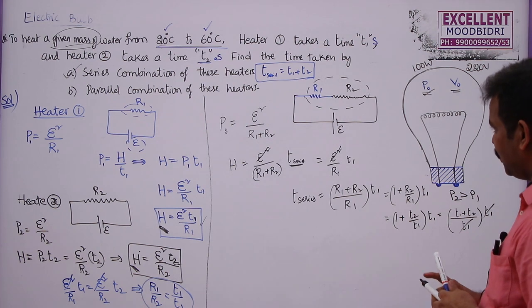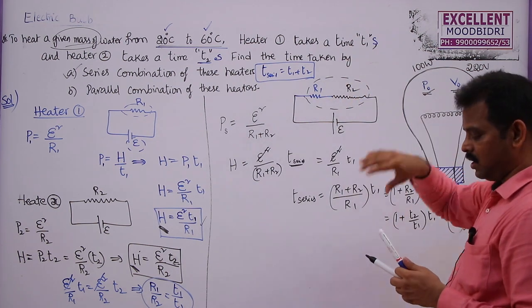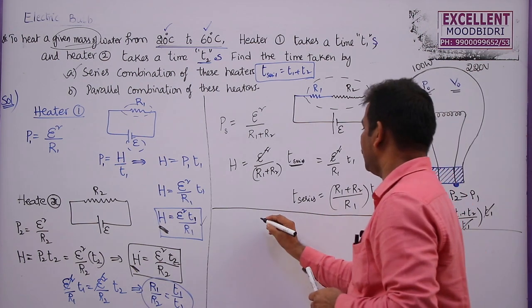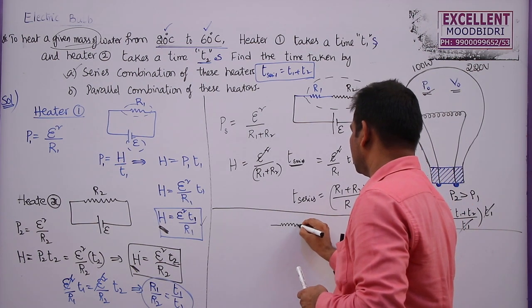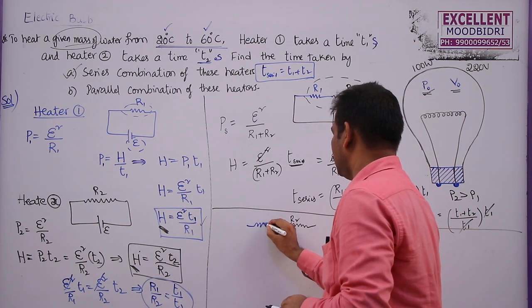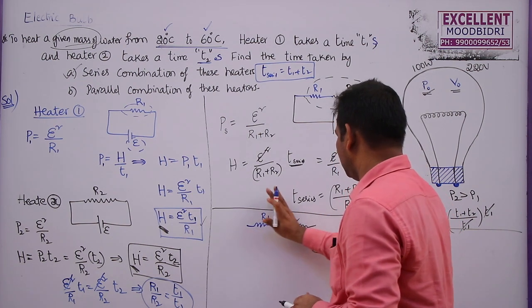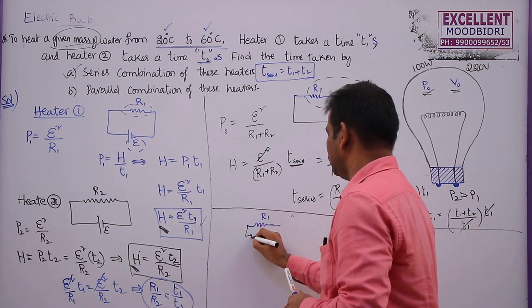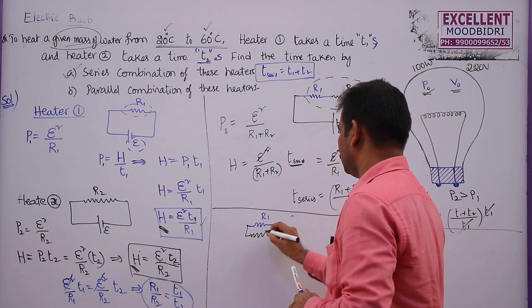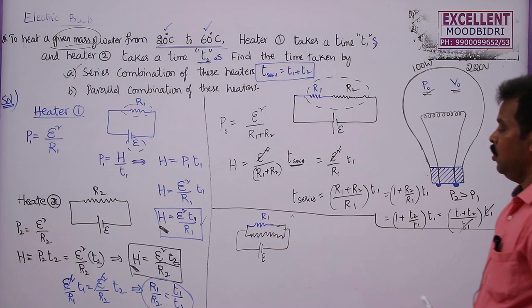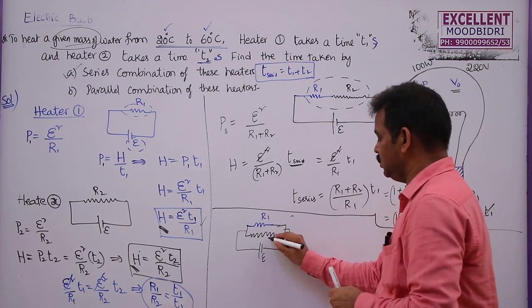Now in the second part, if these two heaters are connected in parallel, this is the second resistor which I am drawing as R2, and the first resistor, let us say, is R1, but these two are connected in parallel now. So I am going to draw a diagram like this, and these are connected to the same source of EMF E. Now what is the power consumed in this case?